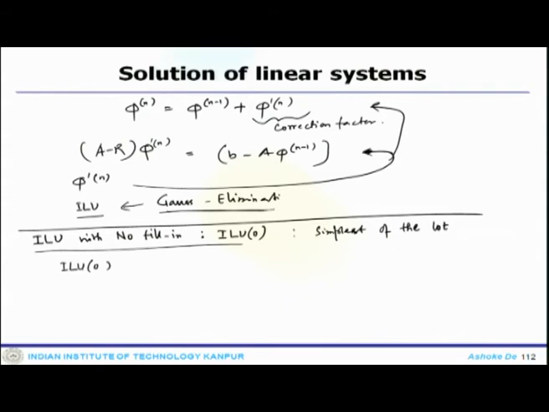In ILU 0, the pattern of 0 elements in the combined L and U matrices is taken to be precisely the pattern of 0 elements in the original A. So Gaussian elimination can be performed in the case of full LU factorizations, but where non-zero elements are restricted, you cannot use that kind of Gaussian elimination.